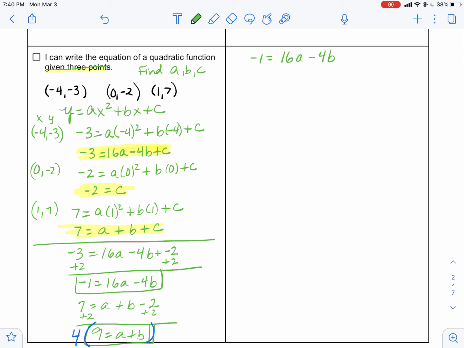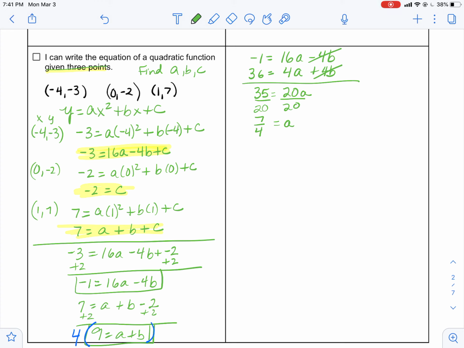I'm going to distribute, so that is 36 equals 4a plus 4b. Okay, those are going to be eliminated. I've got 35 equals 20a. This one is not going to come out even, so I'm going to divide, and 5 will go in there. I get 7/4. Okay, does that sound and look right?